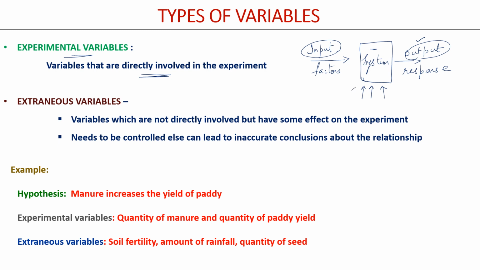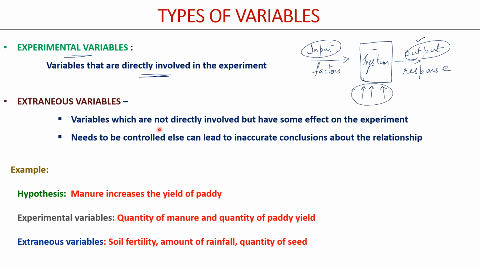I also told you that there are variables that can act on the system which may also deviate or fluctuate the output result. So our focus is only on the input variables to get the output variable, but there are other factors which may affect the system and thereby the output variables. So our interest is only on the experimental variables which directly act on the system, whereas these variables which also are a part of the system and which cannot be avoided are called extraneous variables.